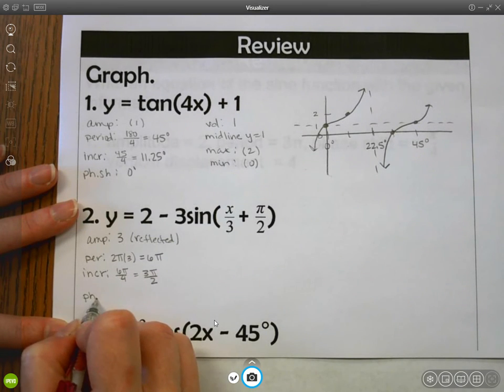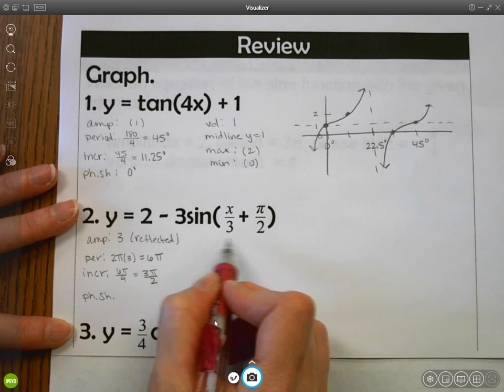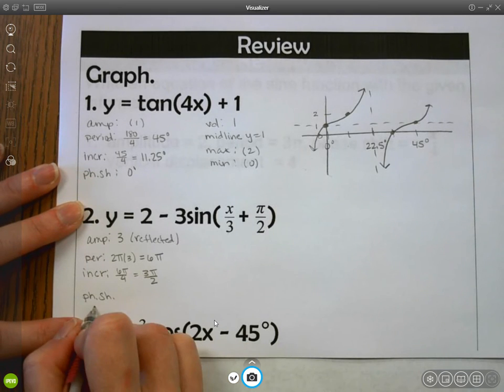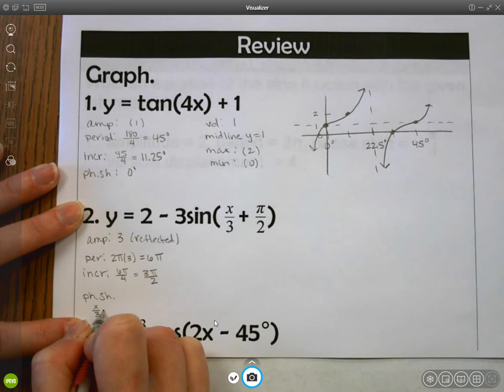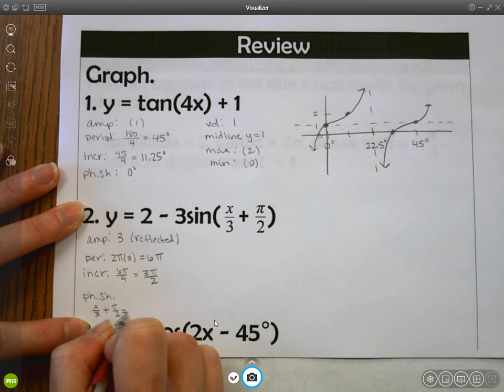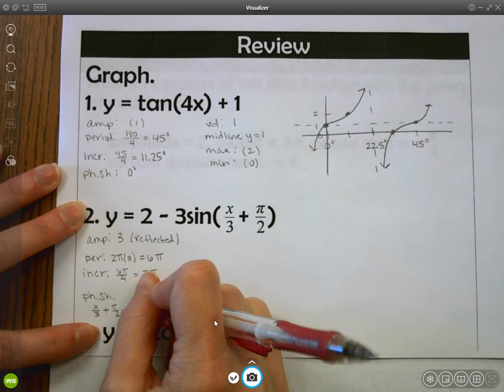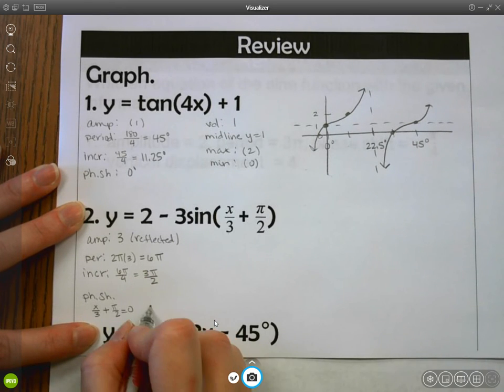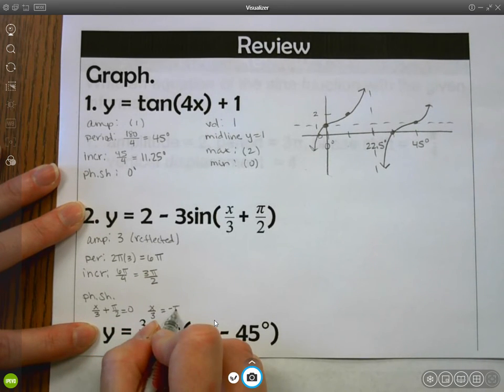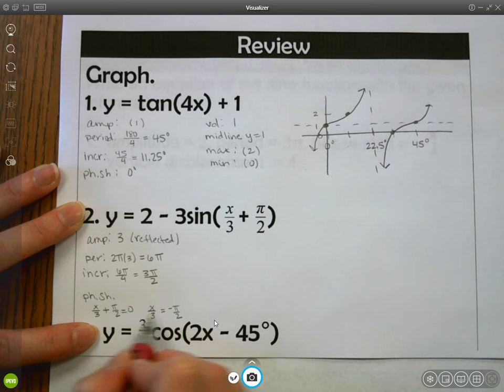Phase shift, you take this and equal it to 0. So let's see if I can squeeze that in down here. So we're going to subtract, and we have x over 3 equals negative pi over 2. So then we times by 3.